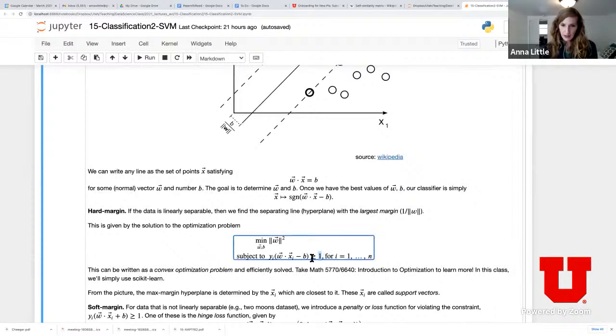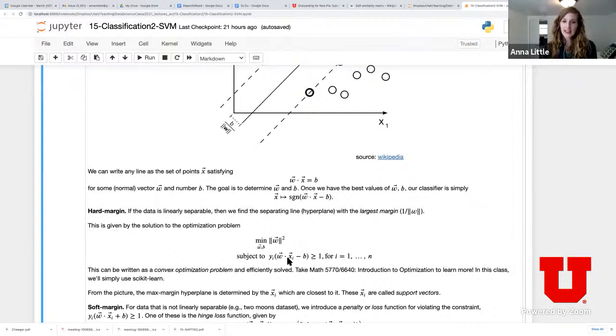So, if you look at this constraint for a second, think about it: if I have a point that has label 1, then the inner product of W and X minus B with that point will come out to be at least 1.